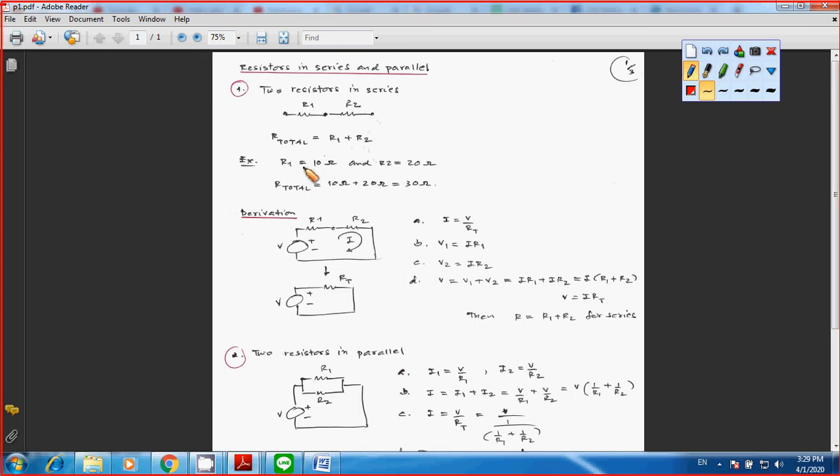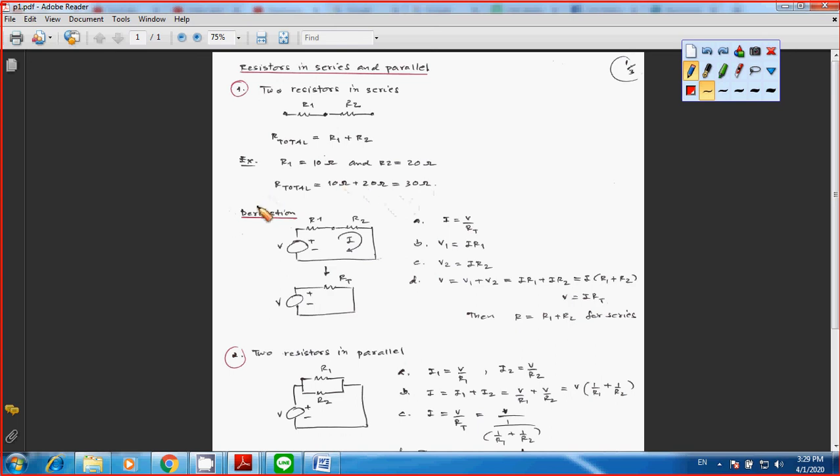For example, if you have R1 equal to 10 ohms and R2 equal to 20 ohms, you simply add them up. So 10 plus 20, that's going to equal 30 ohms. So that's what you have known about it before.